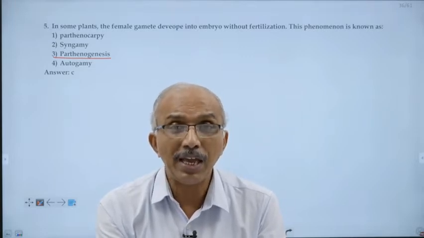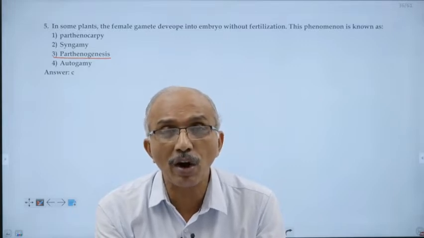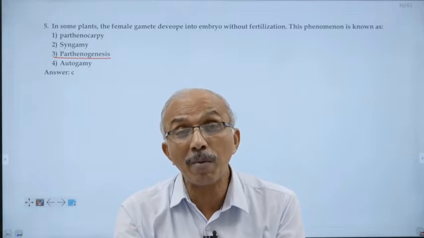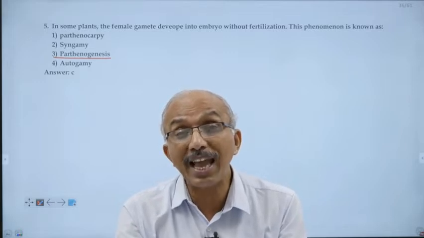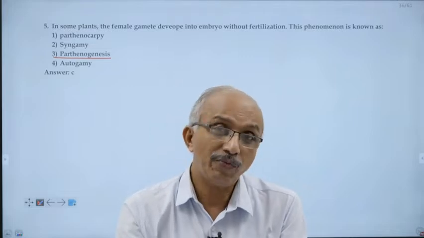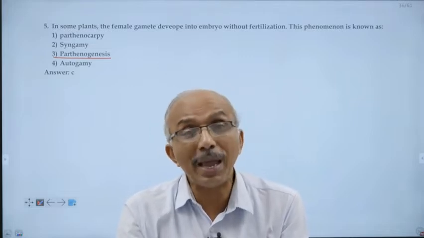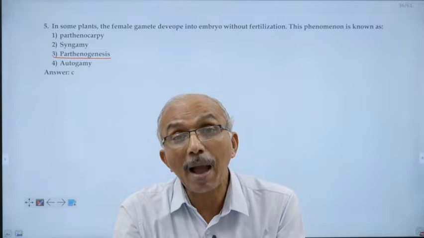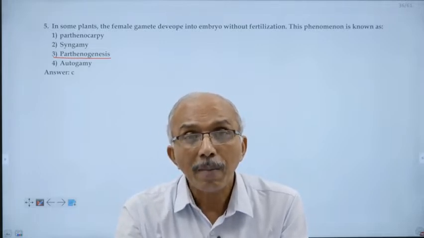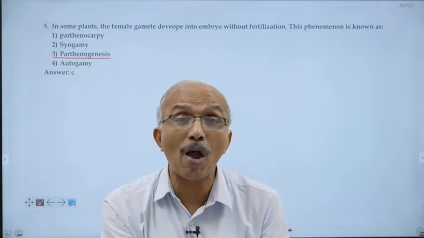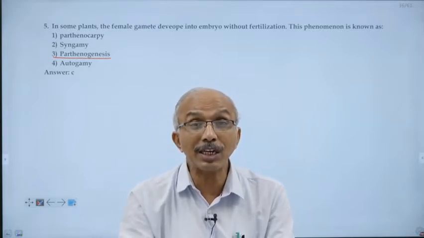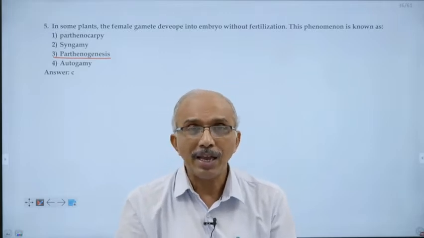Male honeybee is a good example for parthenogenesis. Male honeybee develops from unfertilized egg, the female gamete. So male honeybees are haploid. But female honeybee is diploid. The haplodiploid sex determination is operating in honeybee.